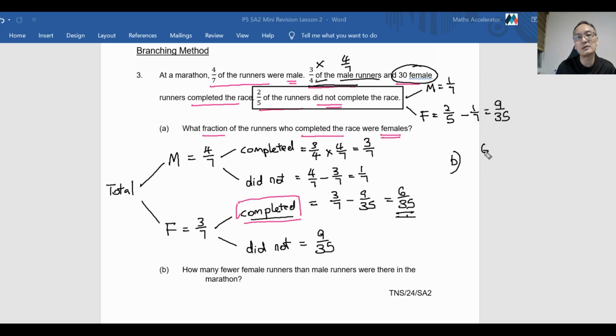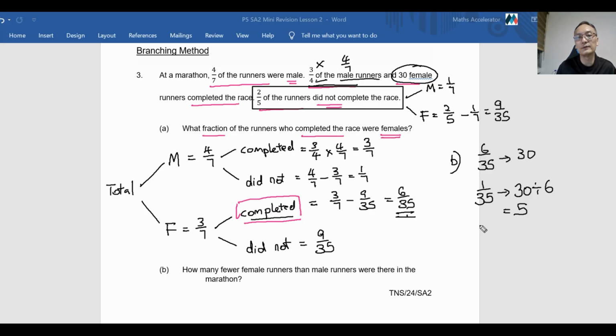So 6/35 is 30 runners. Next we will find 1/35. It's like 6 units is 30, we need to find 1 unit. So we take 30 divided by 6, and we arrive at 5.